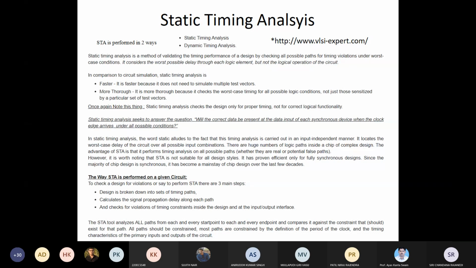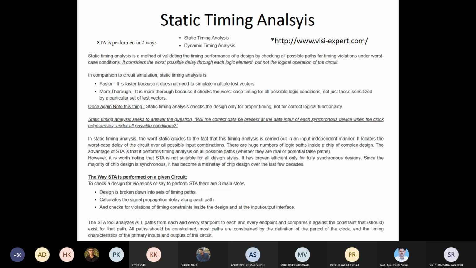So static timing analysis, what I am telling, is also useful in IC level designing. Okay, so in next semester's ASIC design lab, you will perform these ASIC implementation steps. At that time, you may see how the synthesis is done. After synthesis is over, you can see the area, you can see the timing, you can see the power.